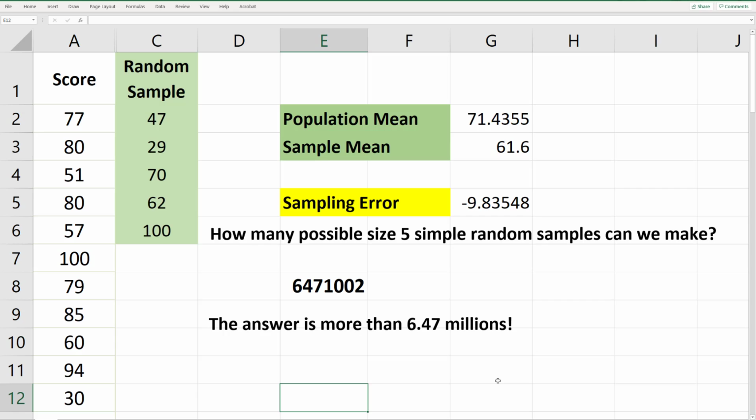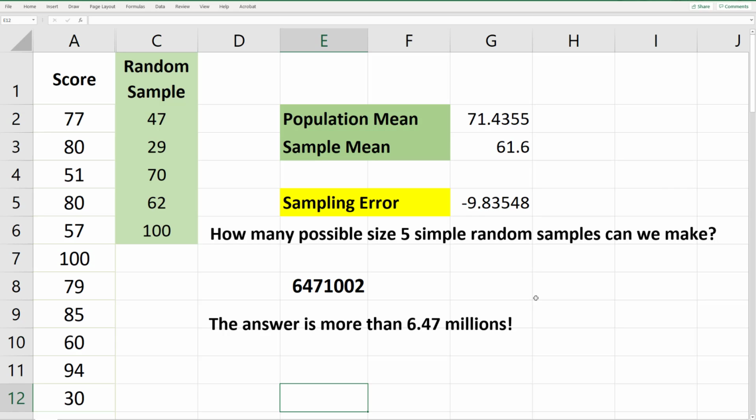Since we have so many samples, more than 6.47 million, that means we have more than 6.47 million sample averages or sample means. They could be close to the population mean. They could be far away from the population mean. The sampling error could be bigger, could be small. So that is the basic reality we have observed.